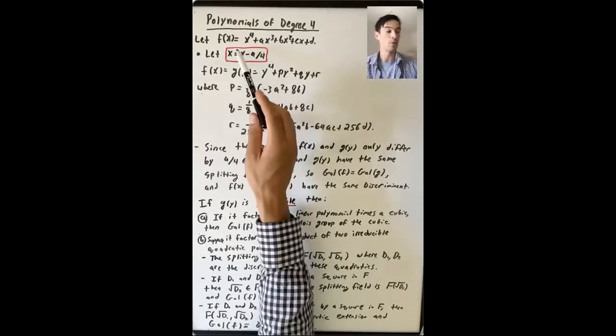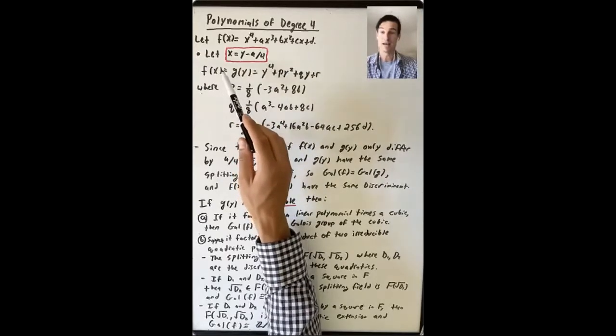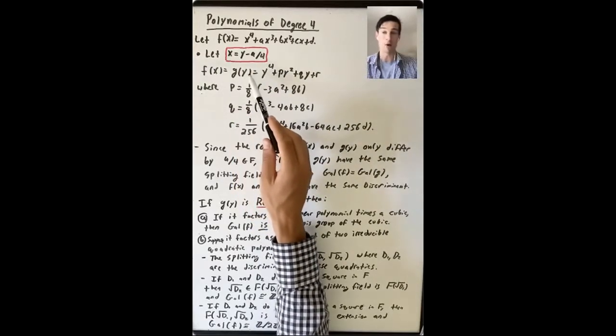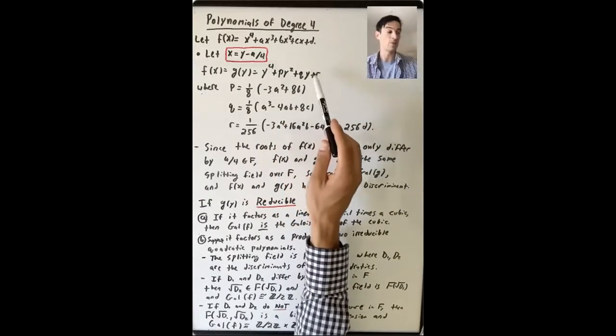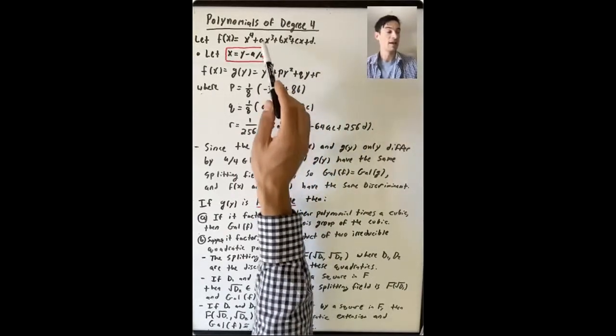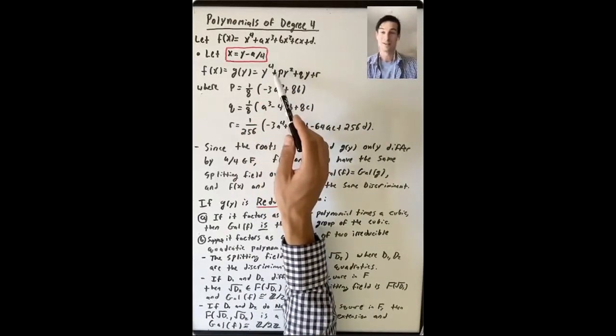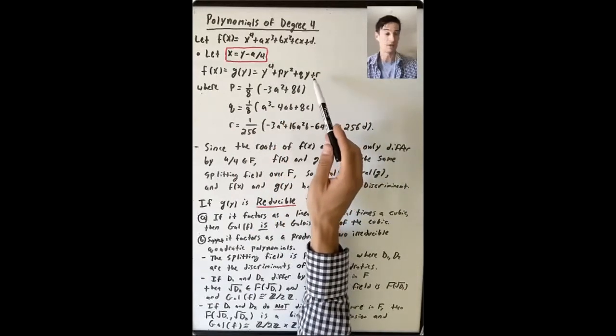We let x equal y minus a over 4, and you can compute that f of x equals g of y equals y to the fourth plus py squared plus qy plus r, where the difference is now the cube coefficient is 0. So this is a simpler polynomial.